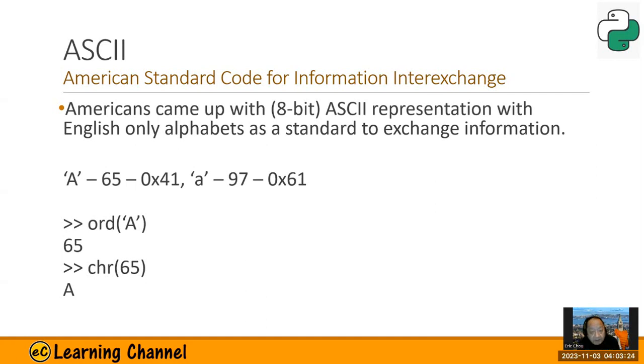ASCII is short for American Standard Code for Information Interchange. A is stored in the computer as decimal 65 or hexadecimal 41. For a hexadecimal number, we use 0x. It is a base 16 number.